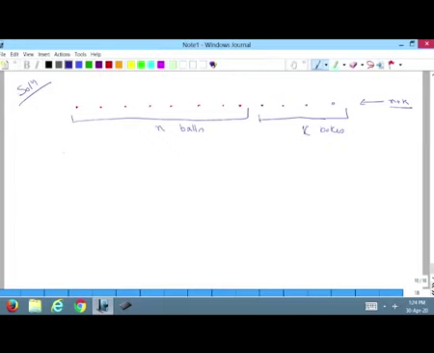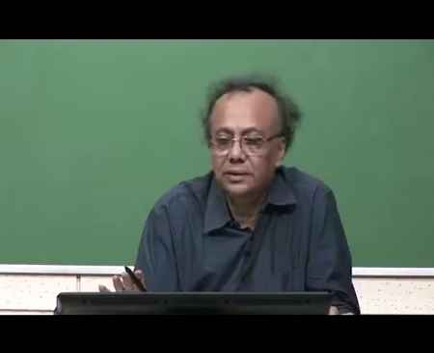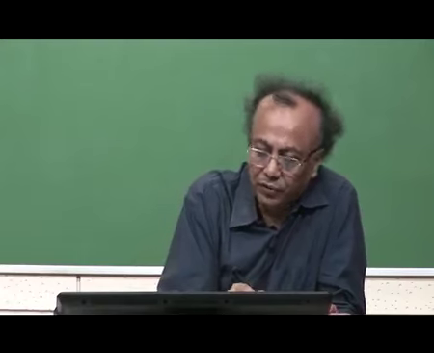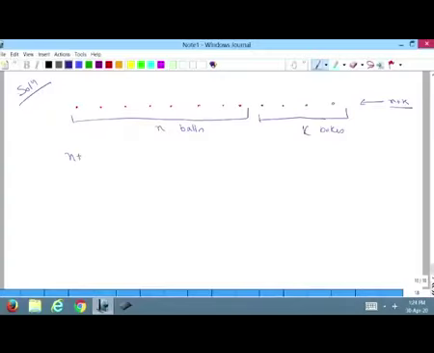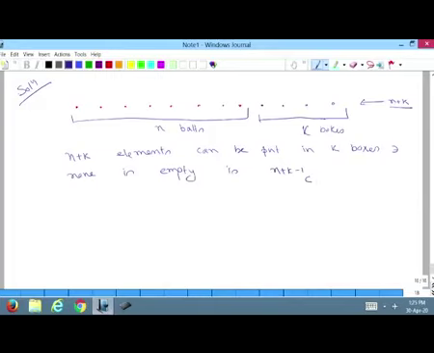In how many ways can n plus k be distributed into k boxes such that no box is empty? n plus k elements can be put in k boxes such that none is empty in n plus k minus 1 C k minus 1 ways, and I claim that that is the number of solutions.